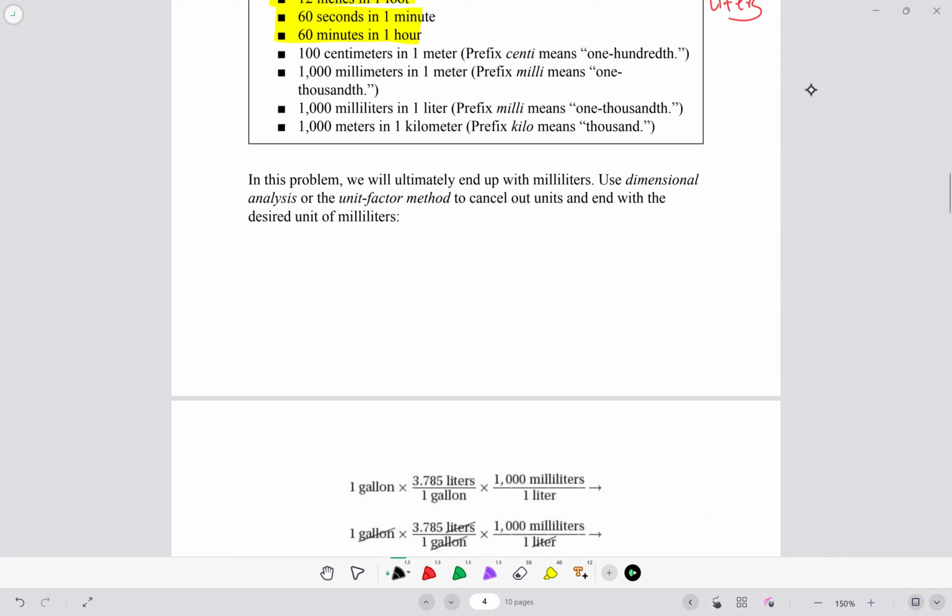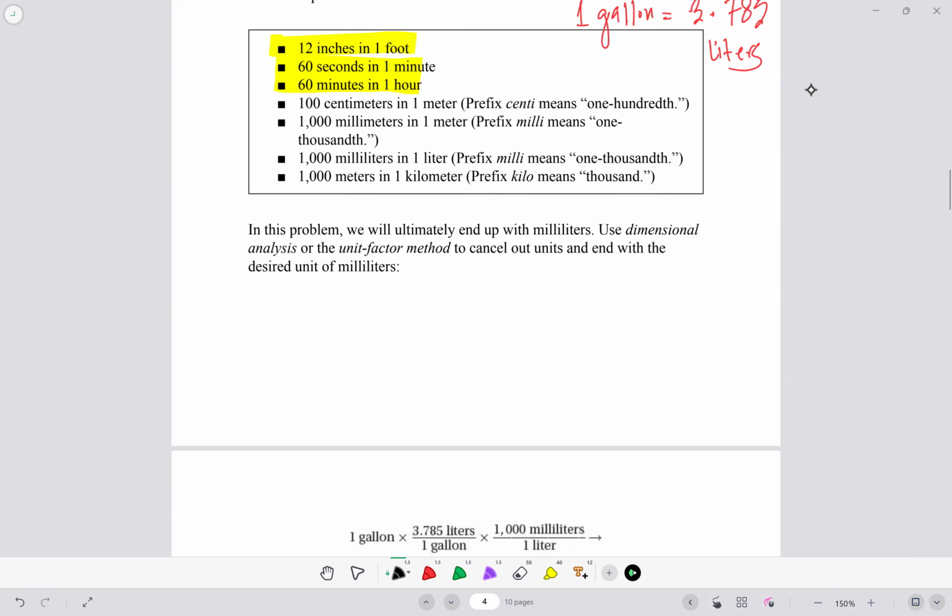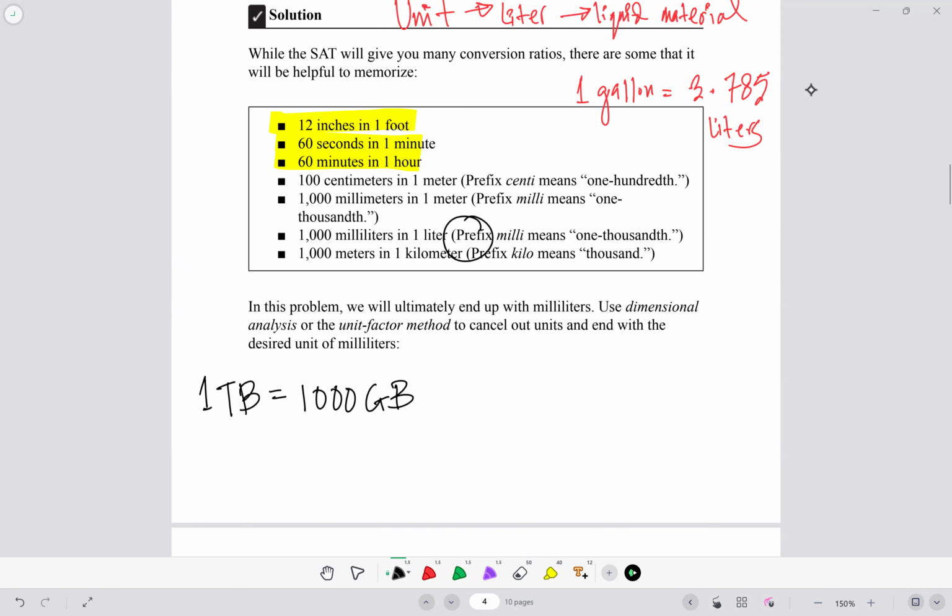For example, we have a hard disk drive in our computer which is 1 terabyte, and 1 terabyte is nothing but 1000 gigabytes. So they are telling us about the prefixes milli, kilo, centi.